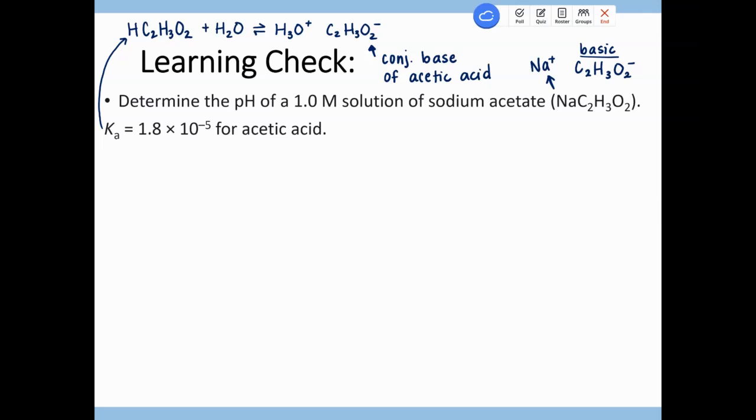Well, we know it's going to separate into ions, so we don't even need to include sodium in the reaction equation, but I will. It's a spectator ion. It balances charge, but it doesn't react with anything. So it'll separate first into the ions.